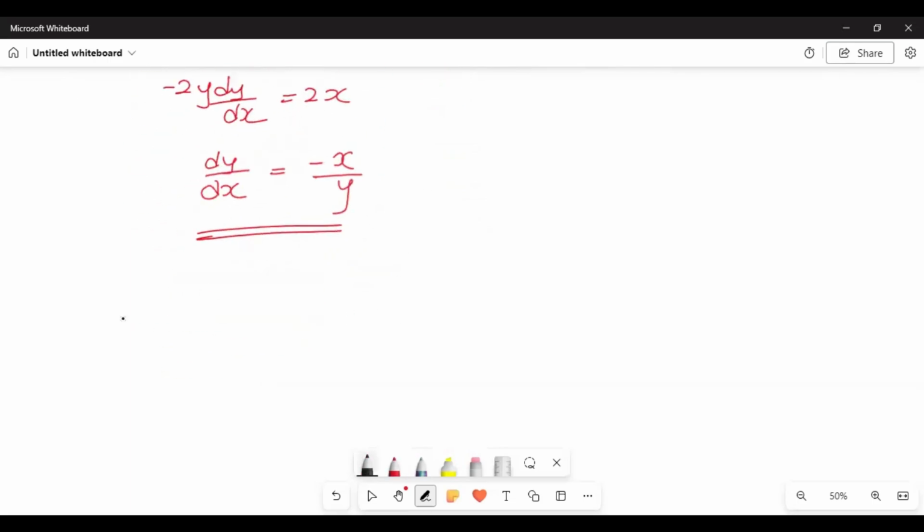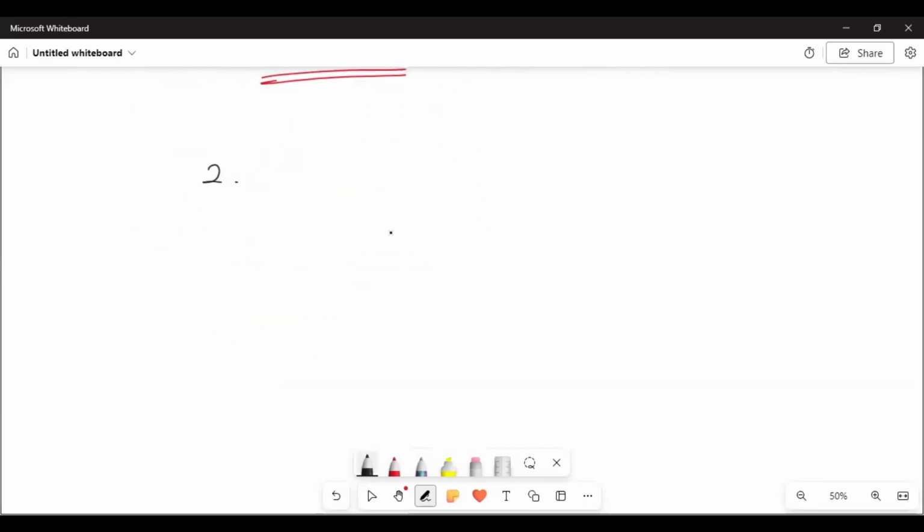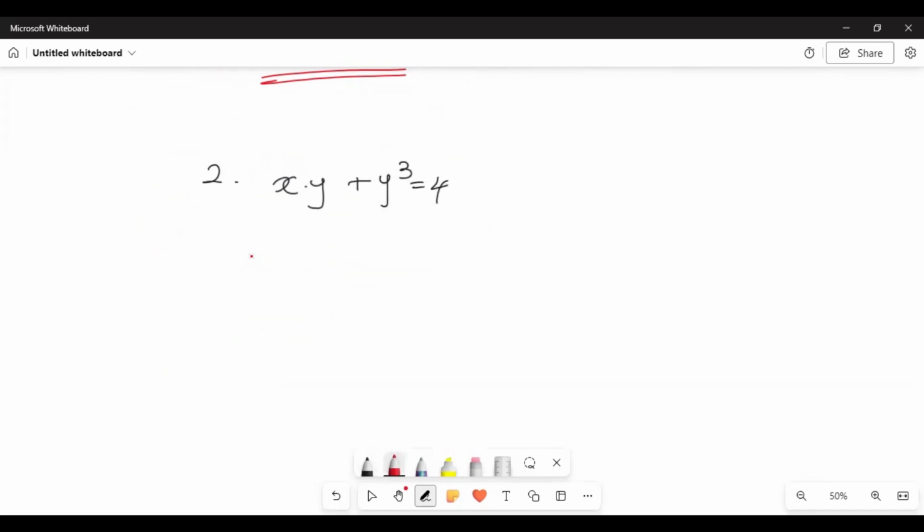Question number 2. x times y plus y to the power of 3 equals 4. First we need to solve this one. Here we can see a product rule application, so let's solve this one first.